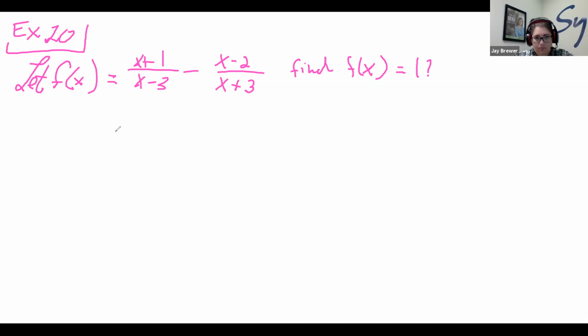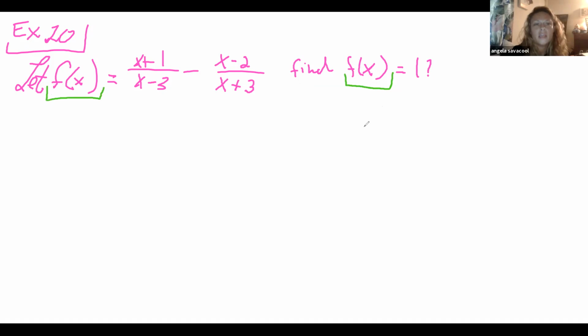Would it just go into the x value? That would be if we needed to find f of 1. This is f of x equal to 1. So where can we put that 1? If that's f of x, and this is f of x, you make it 1 equals the equation. Very good.